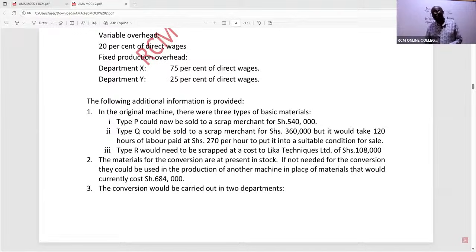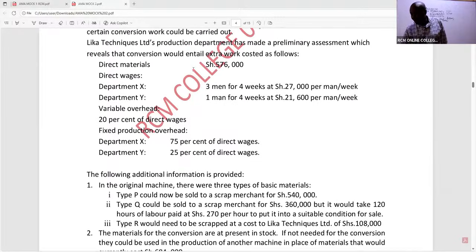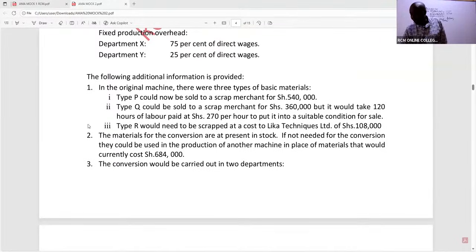Now, ladies and gentlemen, please listen to me very well. This 684,000, that currently, I have some materials which are costing 576,000. Which I'll be told here that I would use to make changes to this particular product, which is needed by Zimui. But what have they told us?